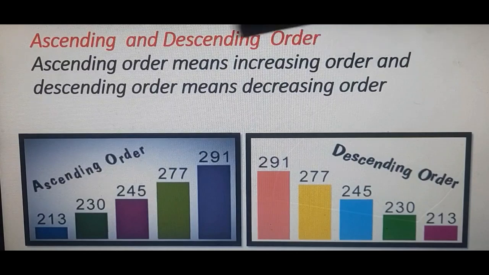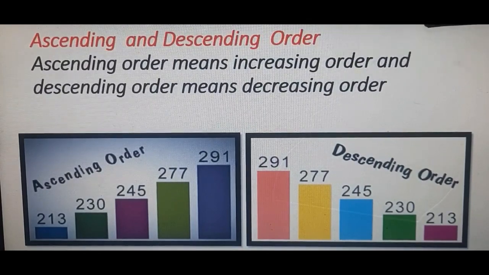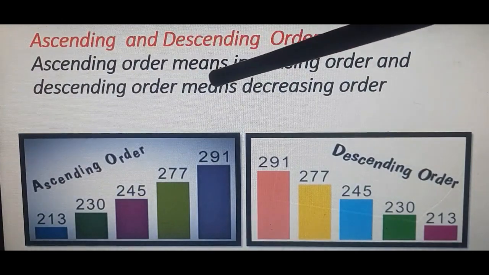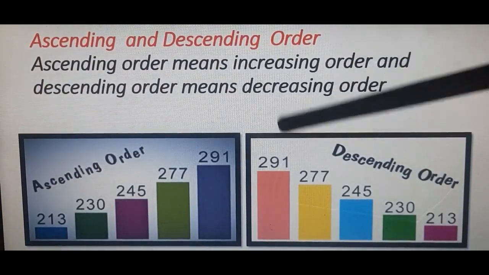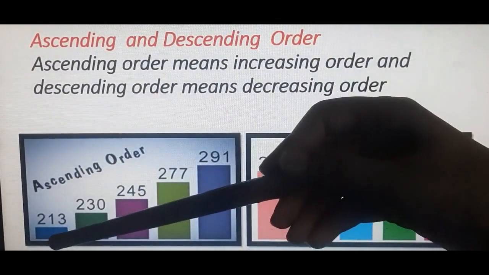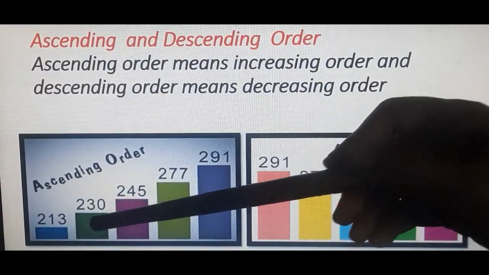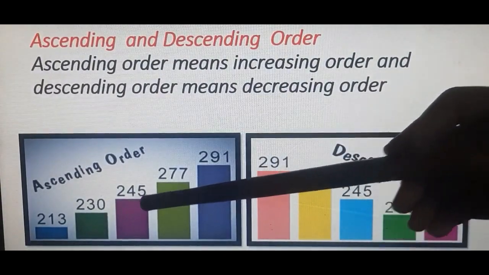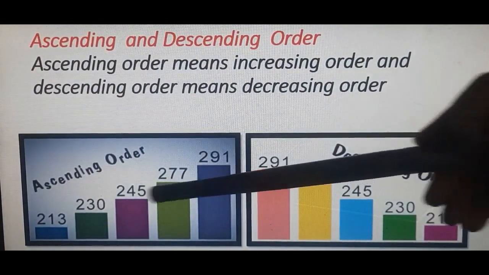Ascending and descending order. Ascending order means increasing order, writing in increasing sequence, and descending order means decreasing order, writing in decreasing sequence, becoming smaller. Okay, ascending order: 213. Then after 213 there is 230, then 245, 277 and 291.